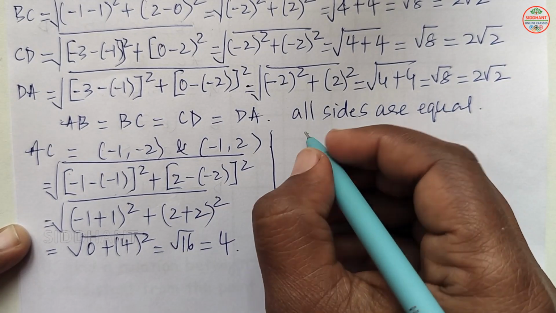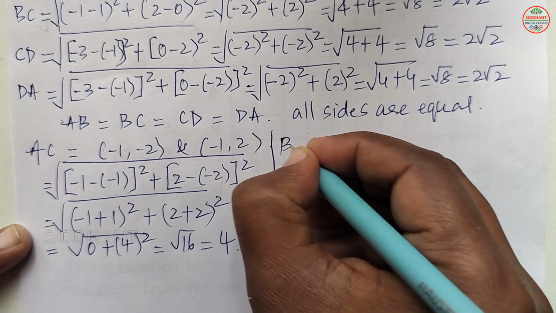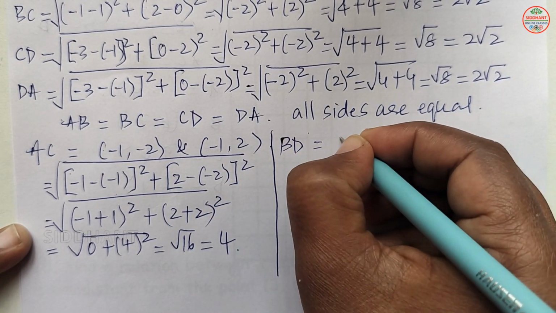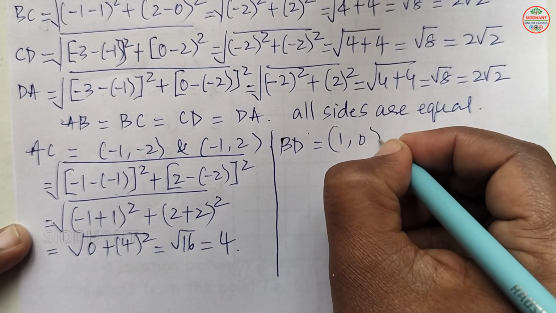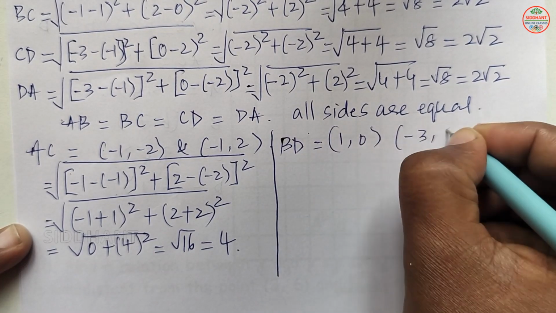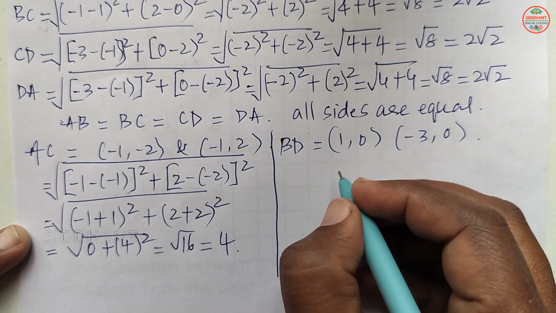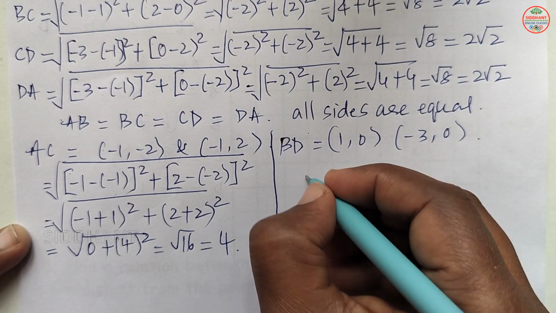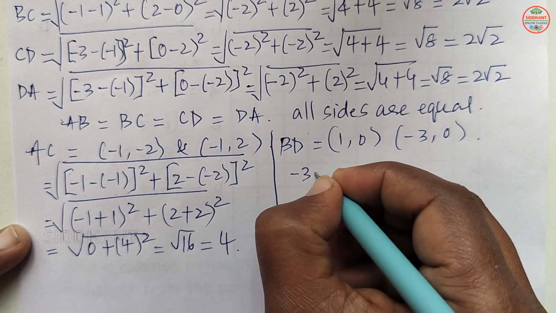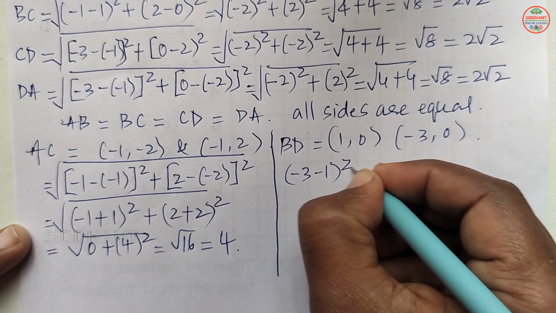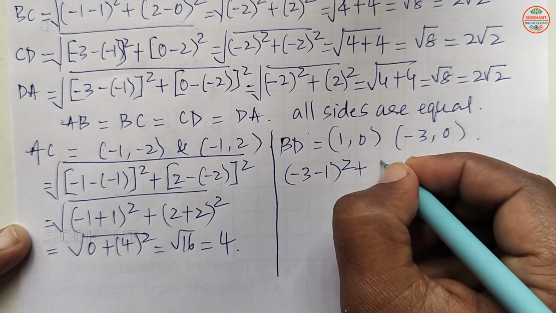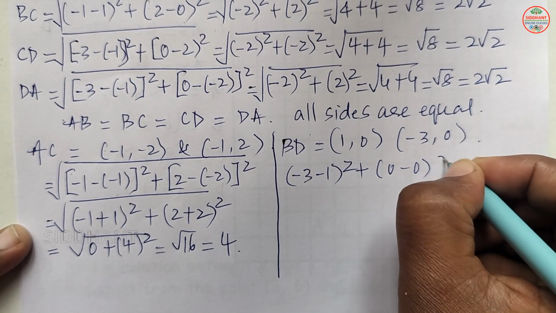Next diagonal we are going to compare BD, which will be (1, 0) and (minus 3, 0). So when you see the distance, minus 3 minus 1, whole square, plus 0 minus 0, whole square.